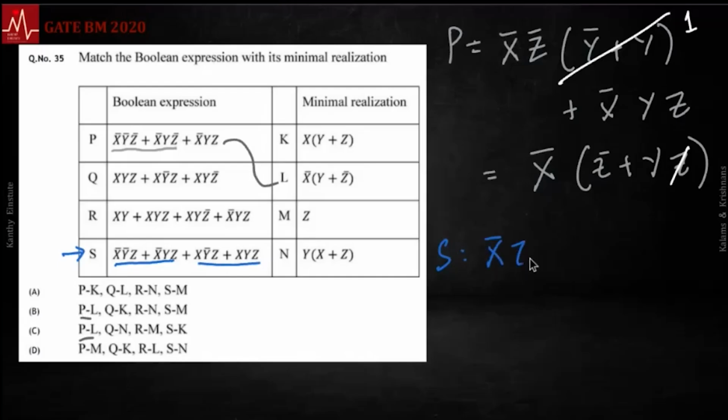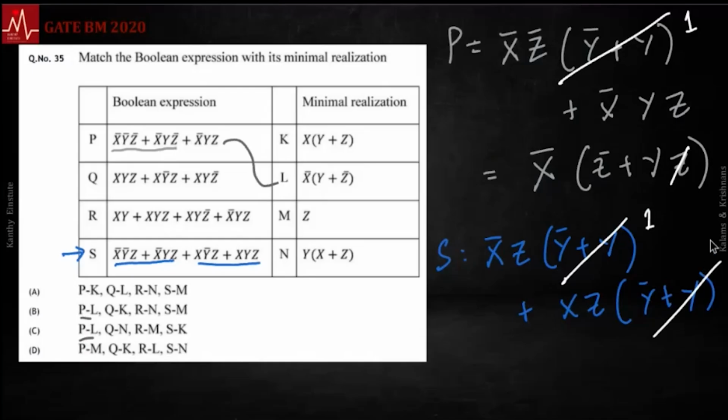X bar Z bar plus 1, XZ bar plus 1. Again, this is a 1. Then you got, pull out the Z, and then this X bar plus X.